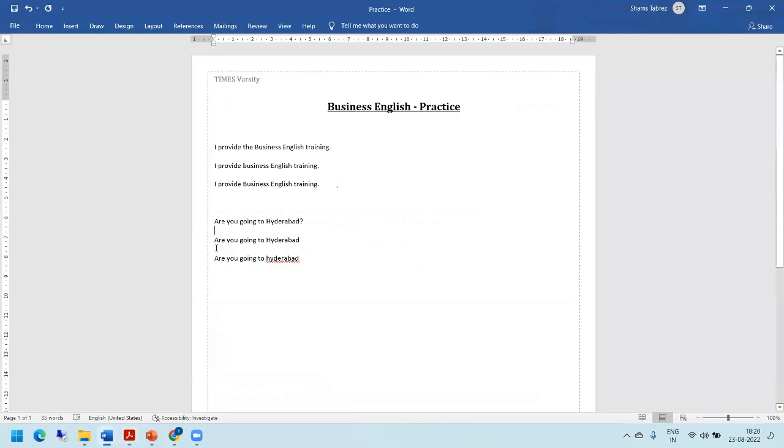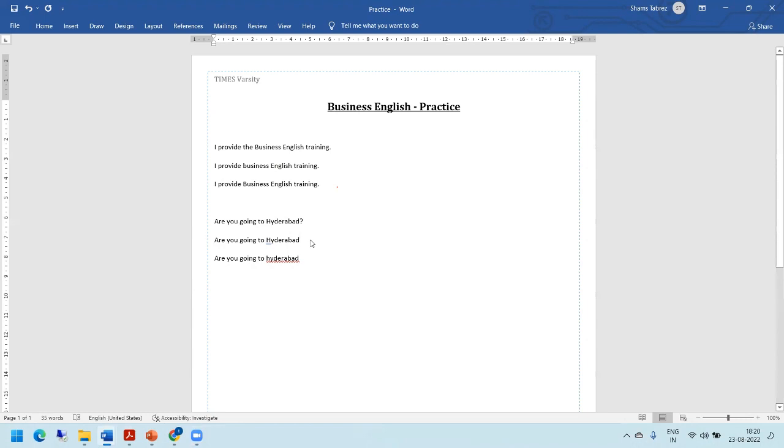All right. What about the second one? Are you going to Hyderabad? What's wrong with this? Question mark is missing. That is called punctuation, right? Full stop, question mark, exclamatory sign, commas, and all those are called punctuation. So you should say punctuation, question mark is missing.